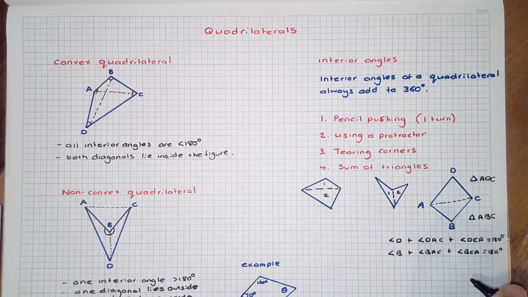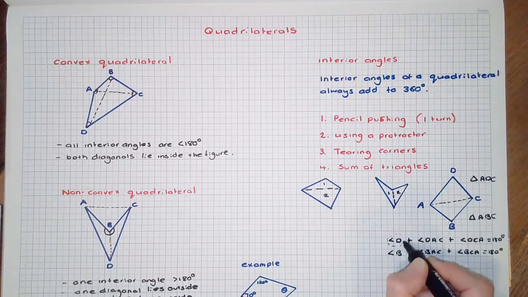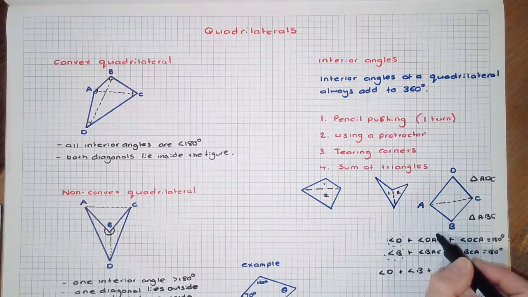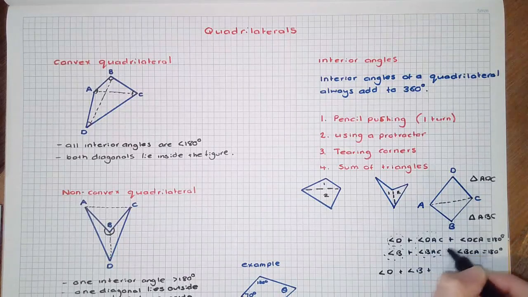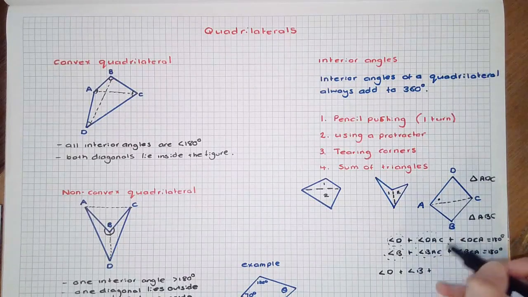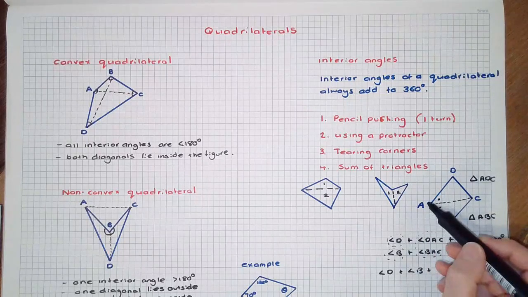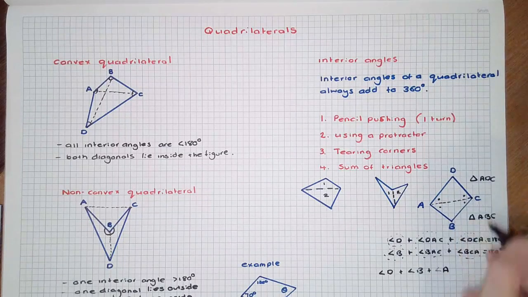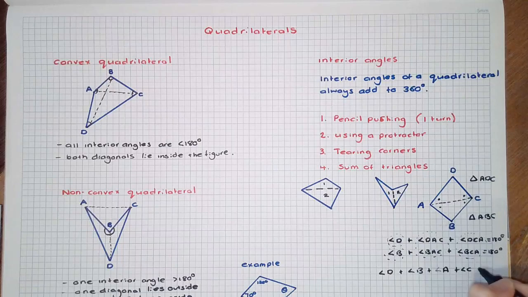Now if we add these two together, we could take it as angle D plus angle B plus, let's put these two together, angle DAC being here and angle BAC being here could also be known as angle A. Putting these two together, angle DCA being here and angle BCA being here could also be known as angle C. 180 plus 180 is 360 degrees. That is, angles A, B, C and D all sum to 360 degrees.